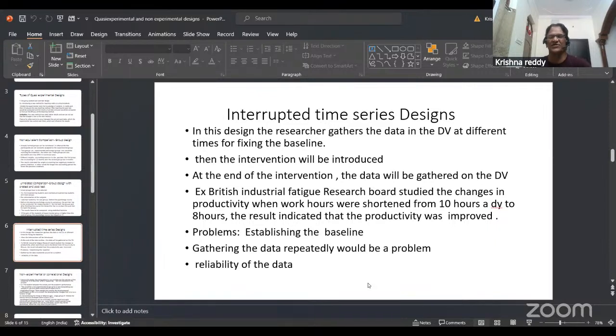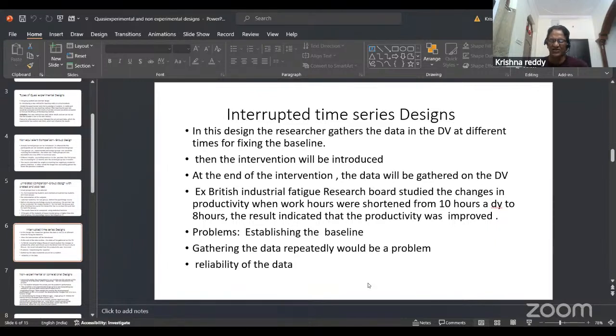The researcher gathers the data on the variable at different times for fixing the baseline. Then the intervention will be introduced after fixing the baseline. At the end of the intervention, their data will be gathered on the dependent variable. So you are trying to fix this baseline on the dependent variable, say, for example, achievement of the students. That is the dependent variable.